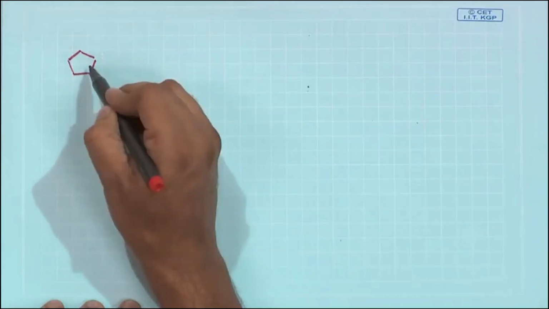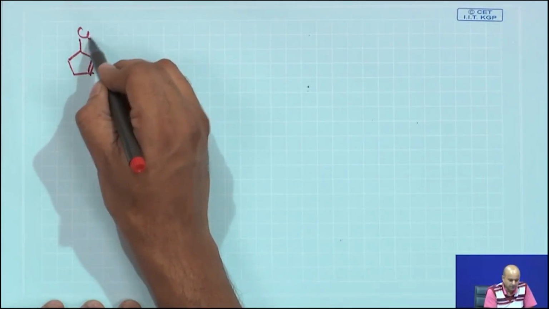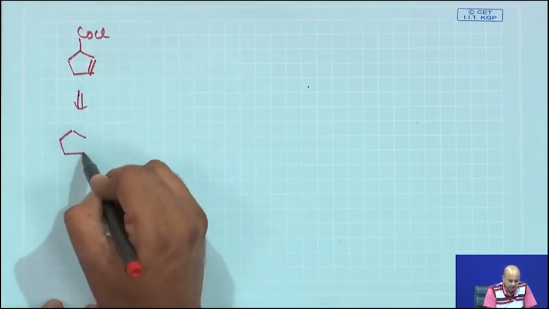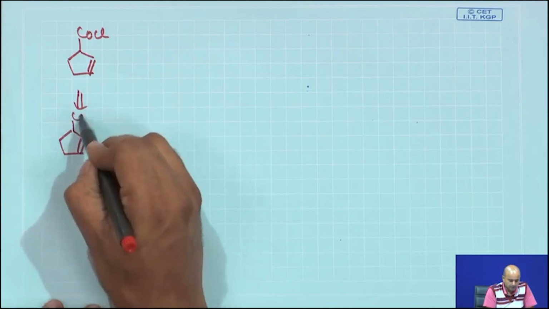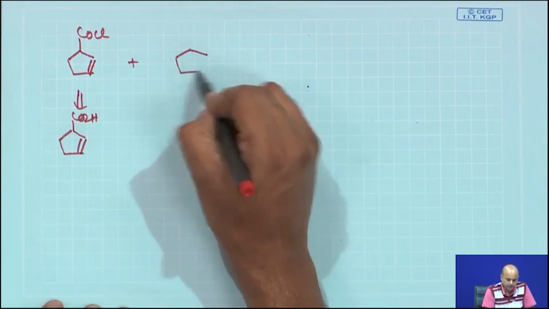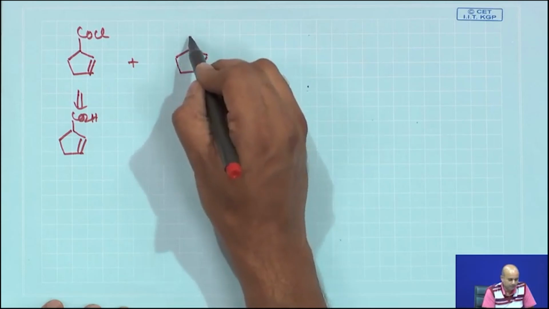So, synthesis starts from this acyl chloride, which you can easily get from this carboxylic acid, and you also react with a cyclopentanone enamine.